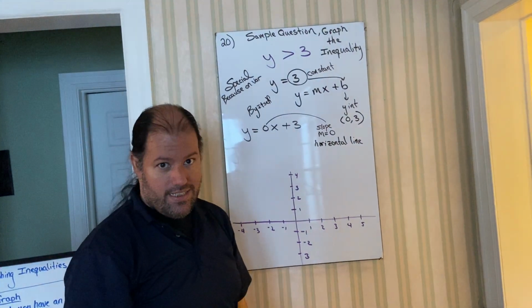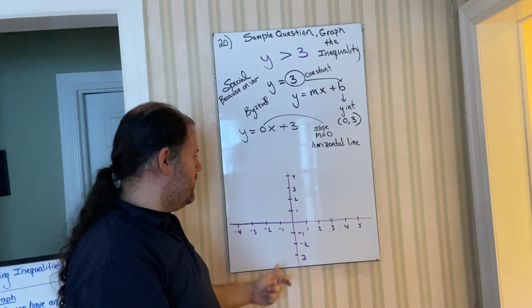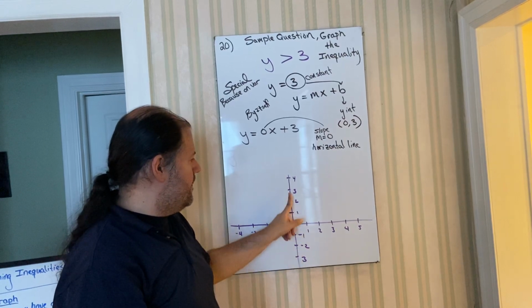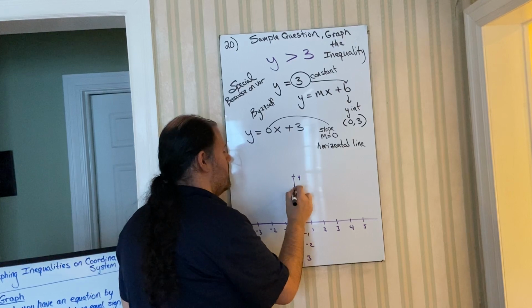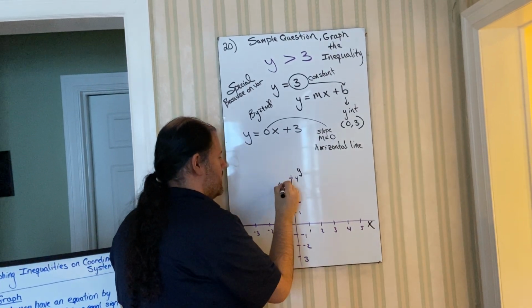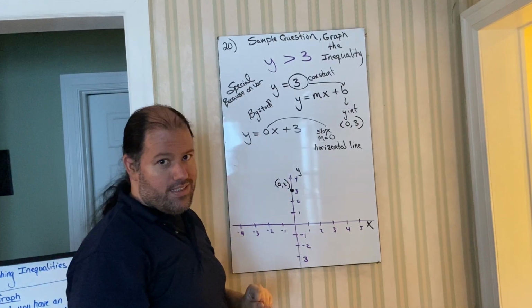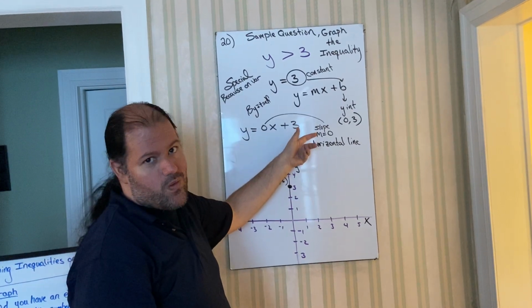So find y-intercept. So 0, 3, where's 0, 3? X is 0, y is 3. Remember, it's always going to be on your y-axis. Now that we have this, we can't get another point unless you do 0 over 1.